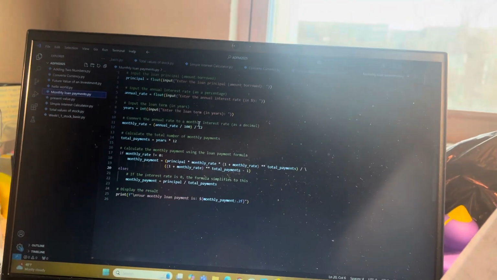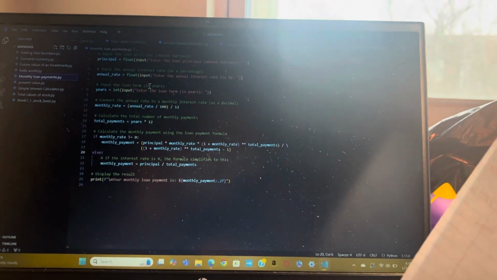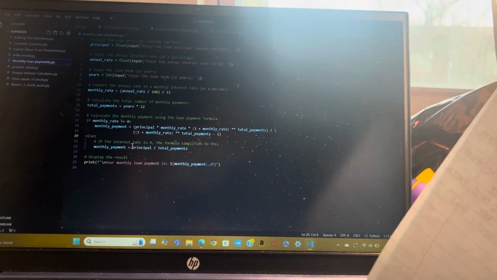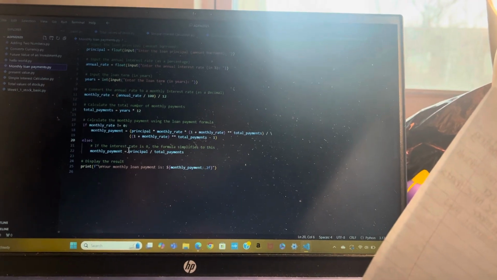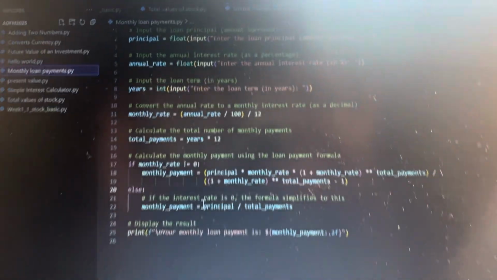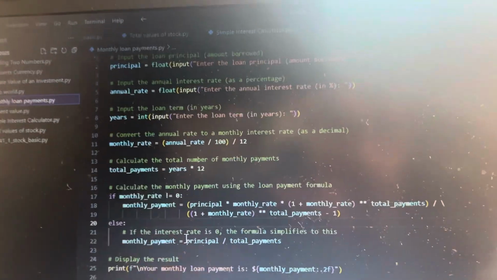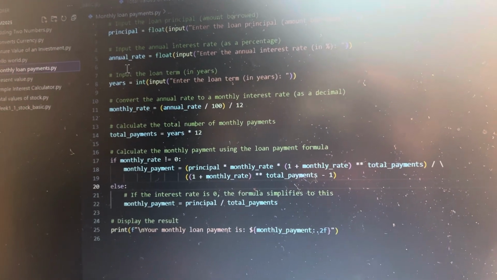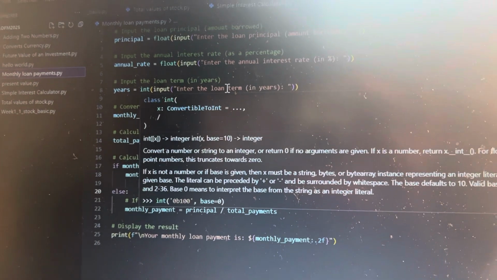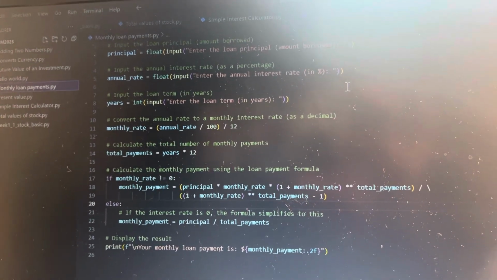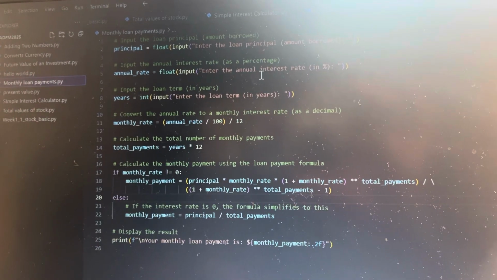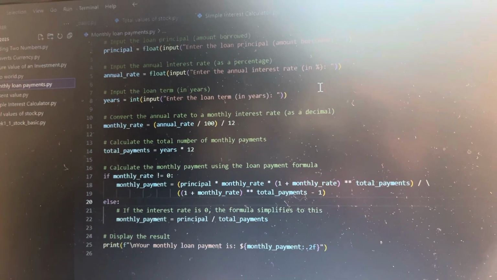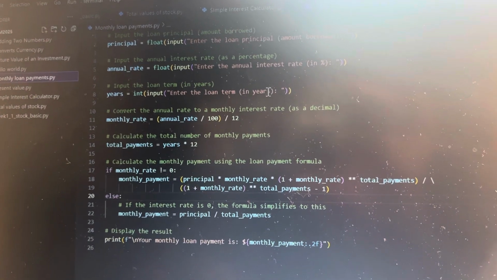Lines 1, 3, 7, 9, 11, 17, and 19 are all comment lines that just tell you what the equation beneath it is doing. Then lines 2, 4, and 6 all prompt the user to input the text that's printed. Lines 2 and 4, their inputs are converted through the floating point number.